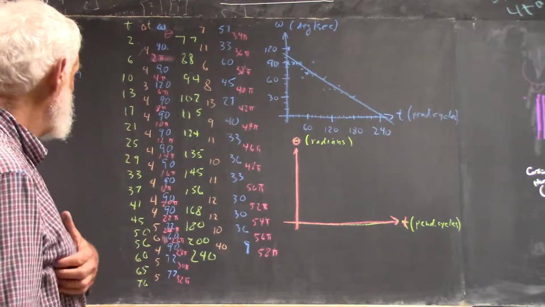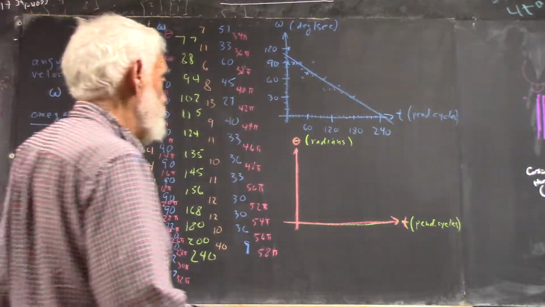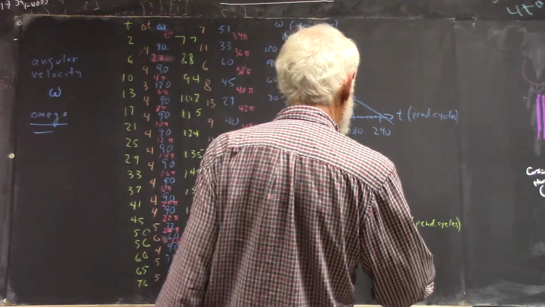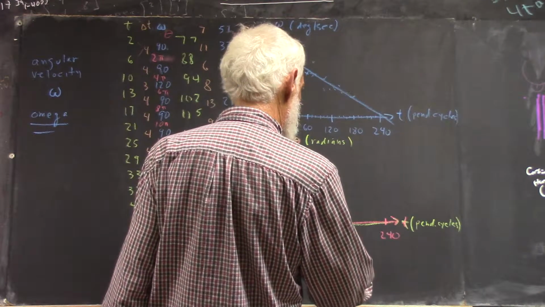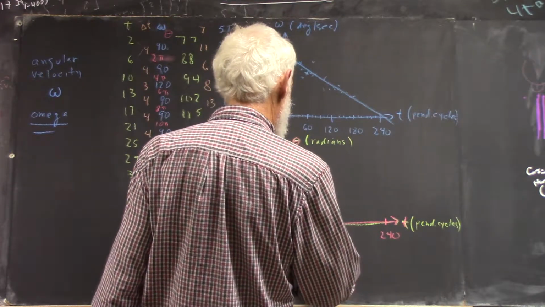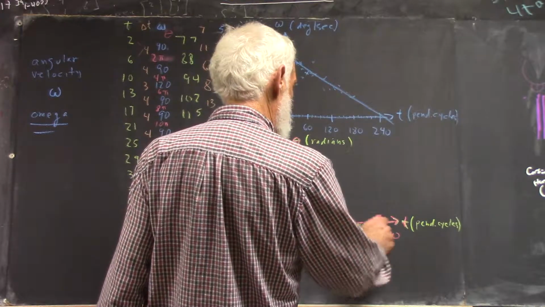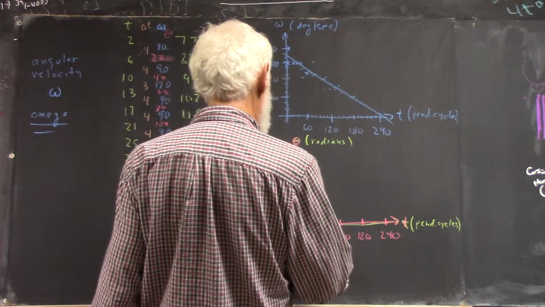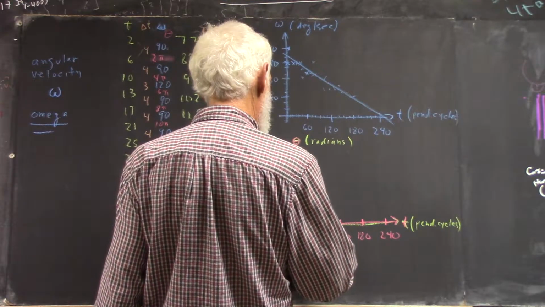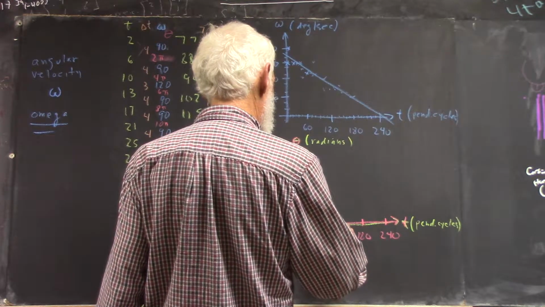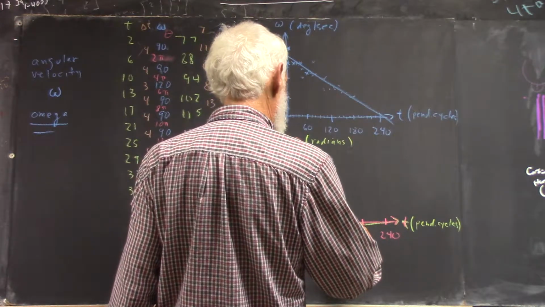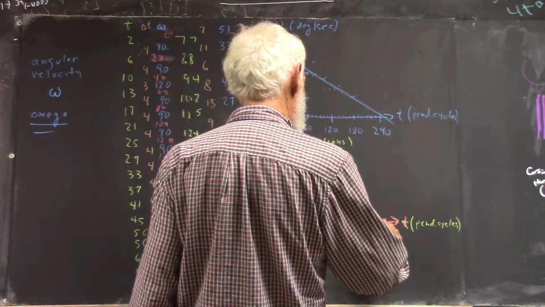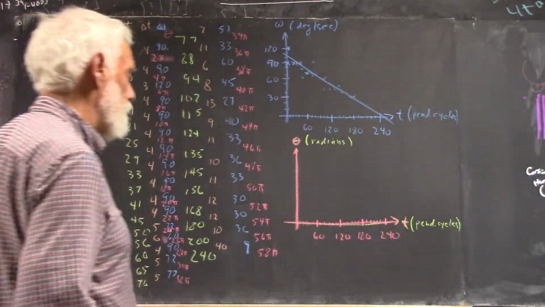And we can, again, line off 240 here. Half of that is 120. Half of that is 60. Halfway between here and here is 180. I'm not doing this all that carefully, and certainly not all that accurately, but there it is.